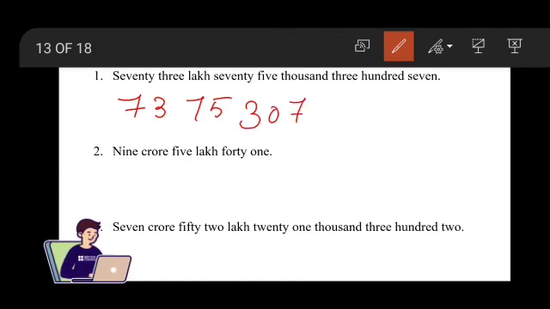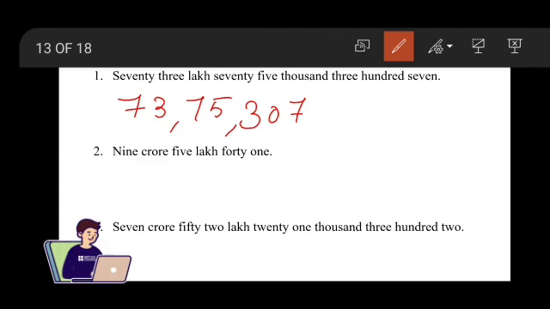Since there is no number in the tens place value, we are representing it by 0. Let's group them according to their period values and we'll insert the comma. For the first 3 digits, we'll not insert any comma. Then we'll insert the comma next to the thousands place value. Then thousand, after that lakh.